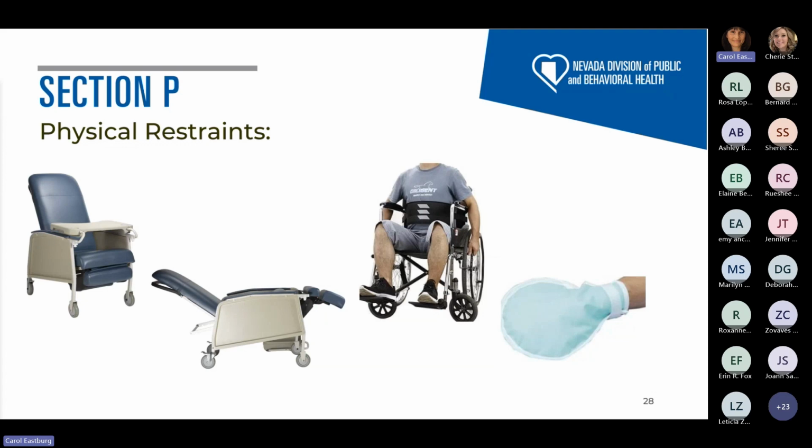And a person may need to physically hold a part of a resident in a way that restricts the resident's movement, such as if they're being combative and you hold their hand down so they can't strike you, that would be considered a restraint as well.